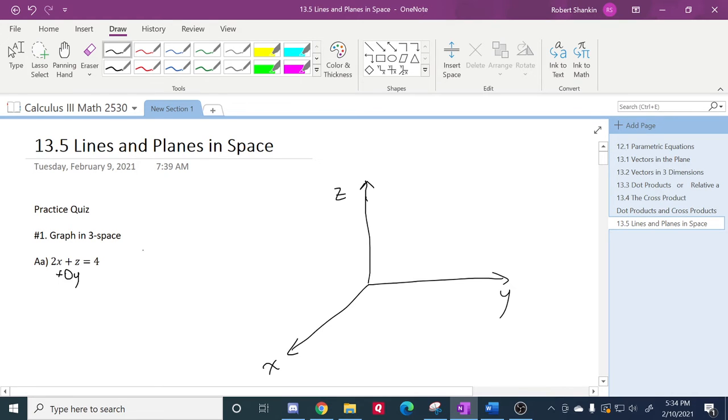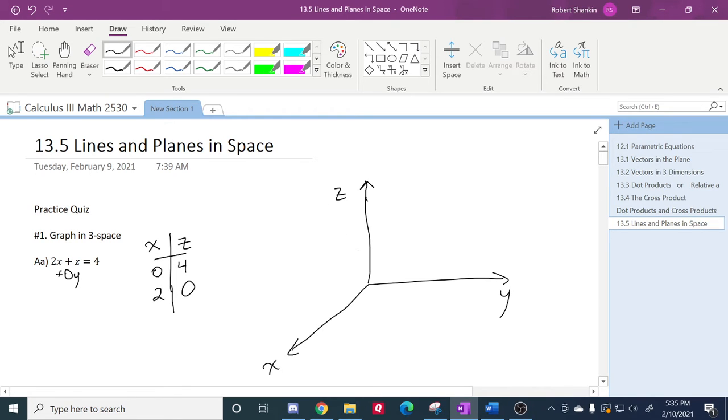Now, one of the easy ways to do this is, if the x is 0, the z has to be 4. If the z is 0, the x has to be 2.